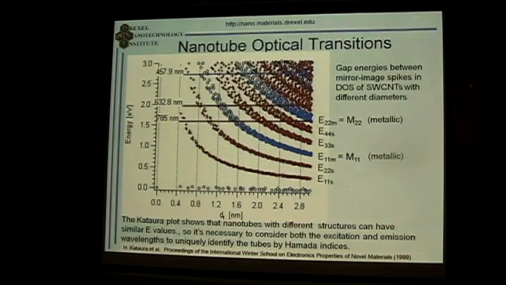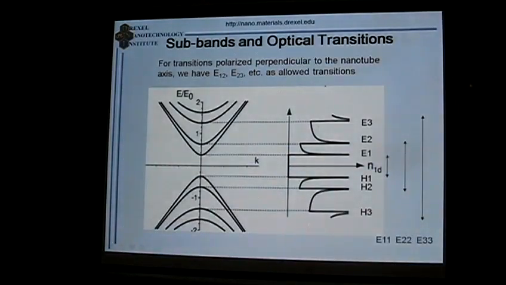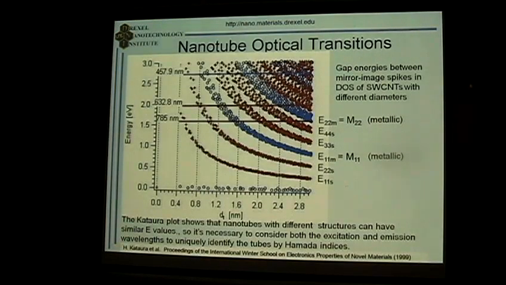And almost 10 years ago, exactly 10 years ago, actually 99, Kataura showed calculated data. Basically what he plotted are gap energies between these mirror image-like spikes in the density of states, like E11, E22, E33, and other things here, for nanotubes with different diameters.